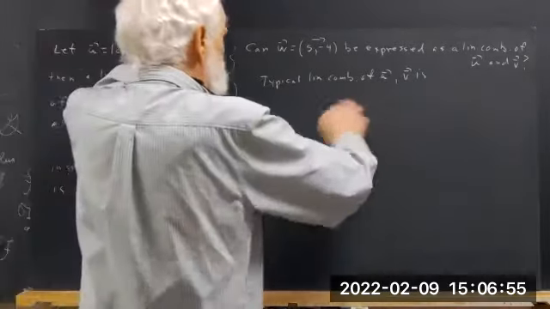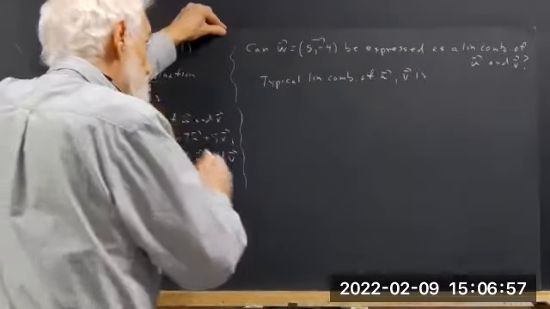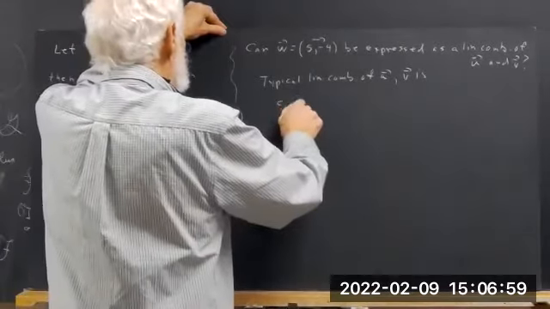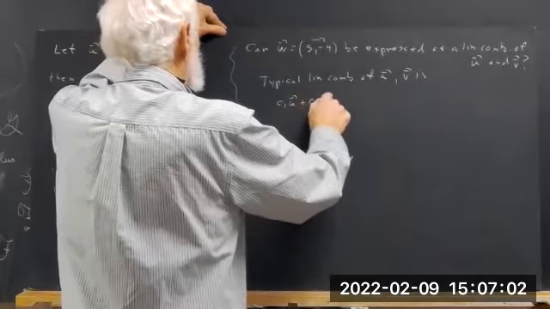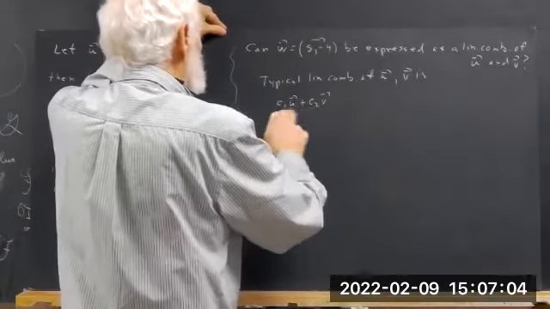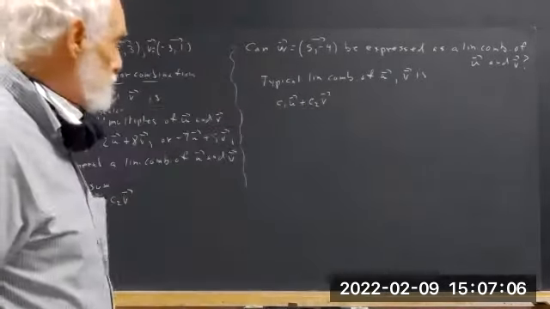A typical linear combination of u and v is C1u plus C2v. Nothing sacred about C, but that's what's usually used.